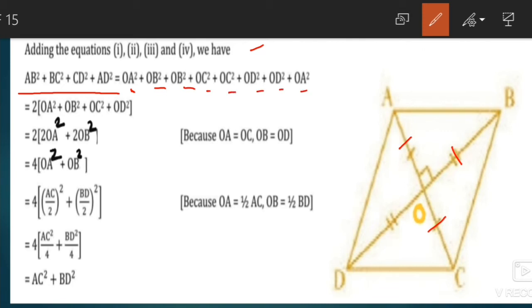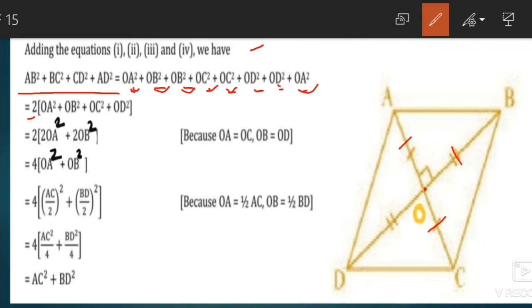Now, as you can see, here is 2OA, 2OB, 2OC and 2OD. So I can take 2 as common and I can write 2 into OA square plus OB square plus OC square plus OD square. Now the diagonals of rhombus bisect each other at 90 degree. That means this O will be the midpoint of AC as well as BD.